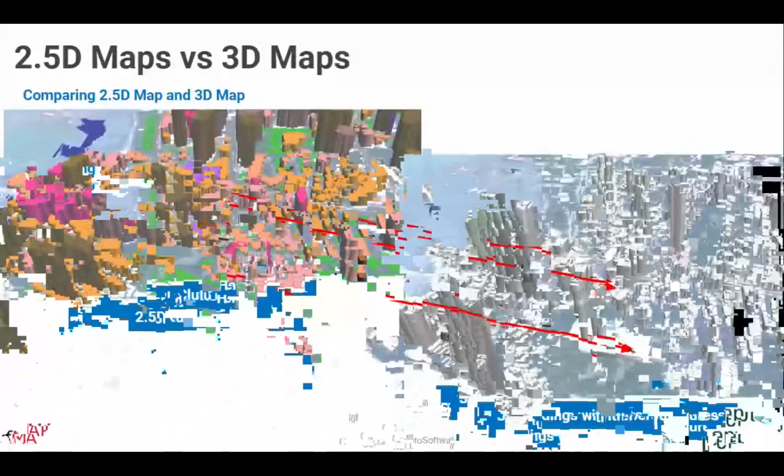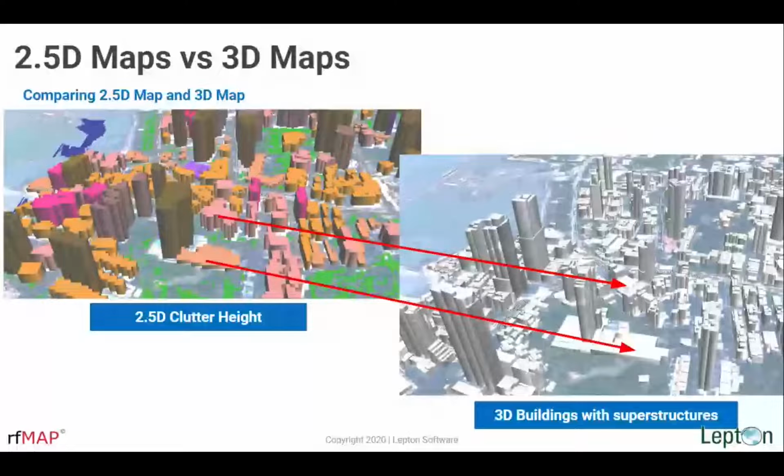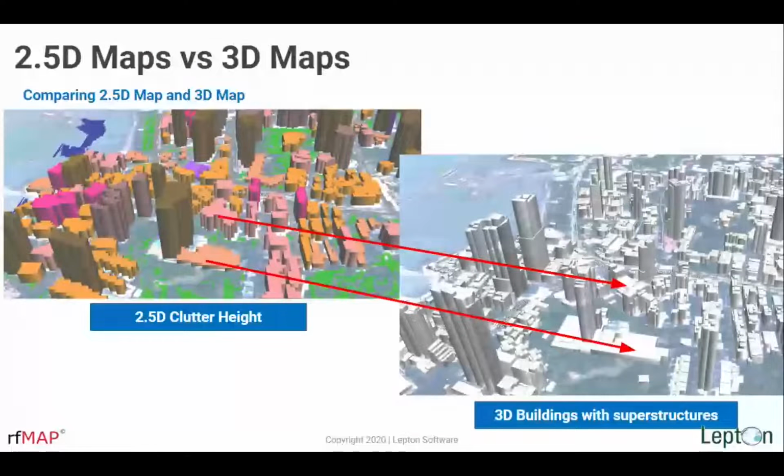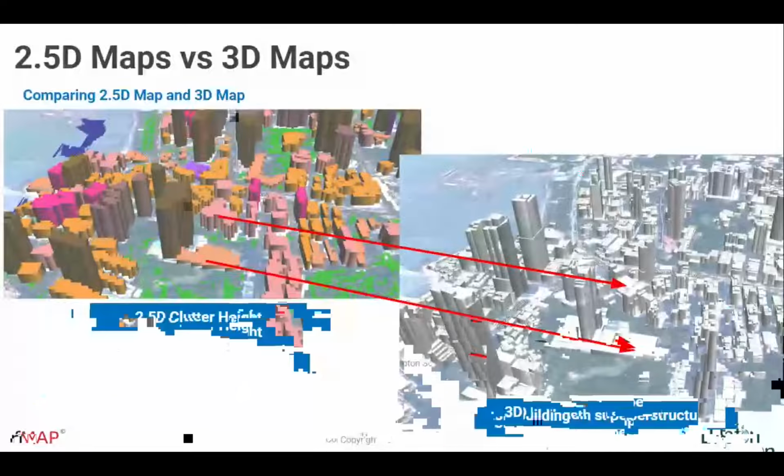You are not going to get the superstructures on rooftops. You are not going to get the individual polygon for each and every building in 2.5D. However, you are going to get the height information. That's the difference between 3D map and 2.5D map.